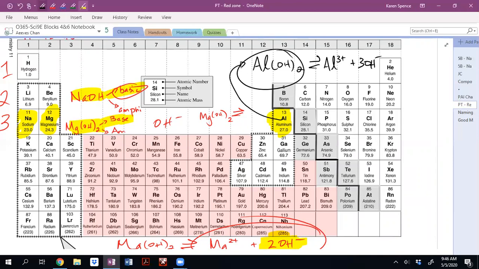Because obviously it's producing hydroxide, so yeah, base. It's more than just Al. Yeah, there is something that happens with Al. What is it that happens with aluminum?